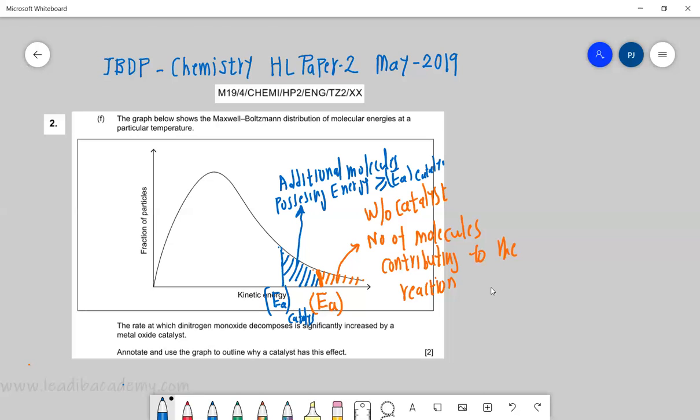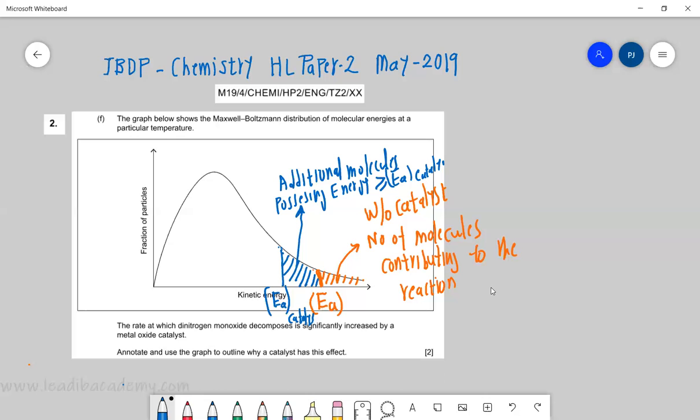Simple. If we are getting an extra number of molecules possessing energy equal to or higher than the activation energy, then obviously the rate of reaction has to be higher. That is how the catalyst helps.